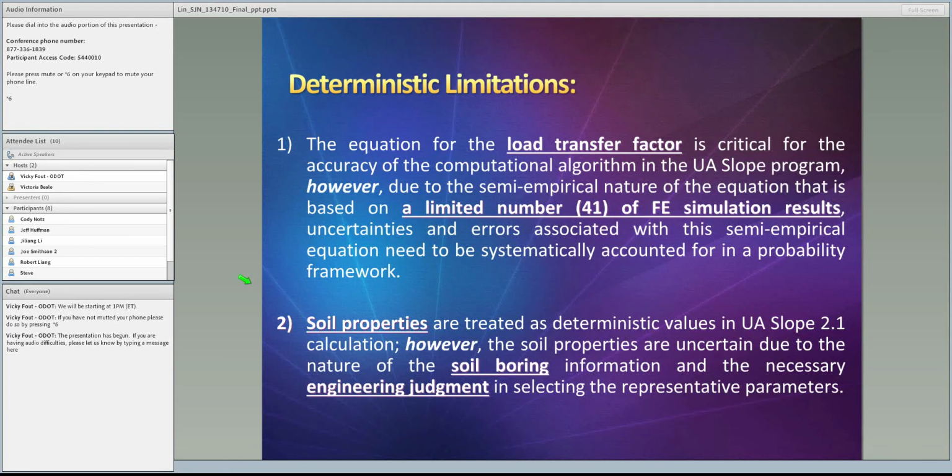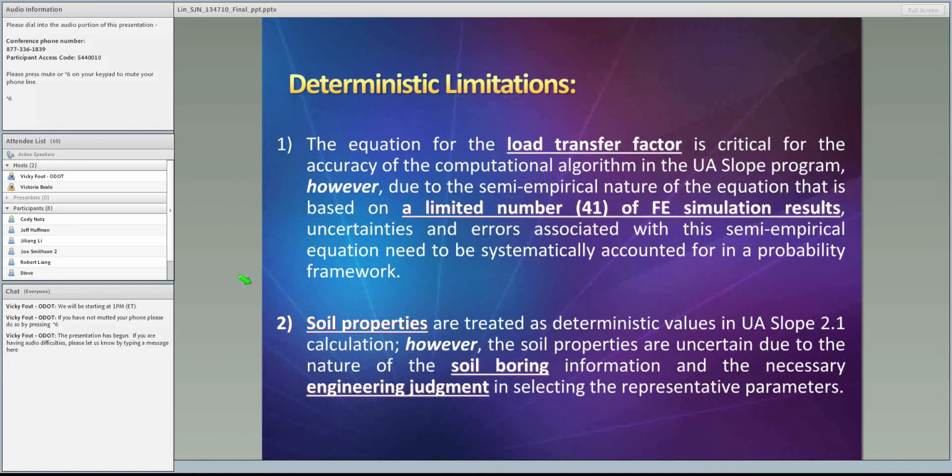Second one is soil properties, which means in the latest version of UASLOPE 2.1, the soil properties, for example C, phi, and gamma, are fixed. However, due to the nature of the soil boring as well as engineering judgment, some soil properties are uncertain. So we have to be concerned about both of these two parts.